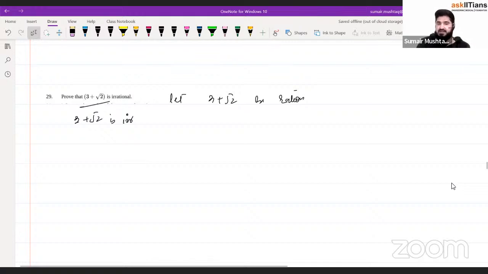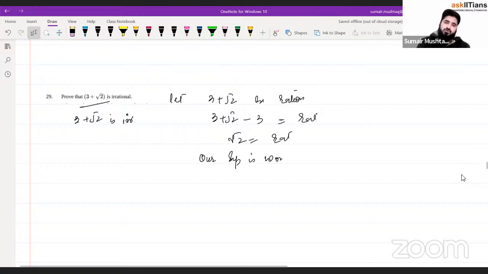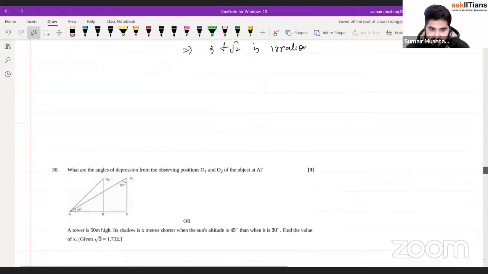If I add or subtract another rational number, it should be rational. So 3 plus root of 2 minus 3 should be rational as well. So I got root of 2, is that rational? No. That means our supposition is wrong, which implies 3 plus root 2 is irrational. Simple. Fine. Let's move to next.